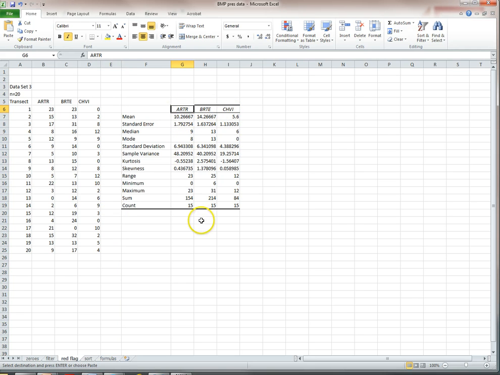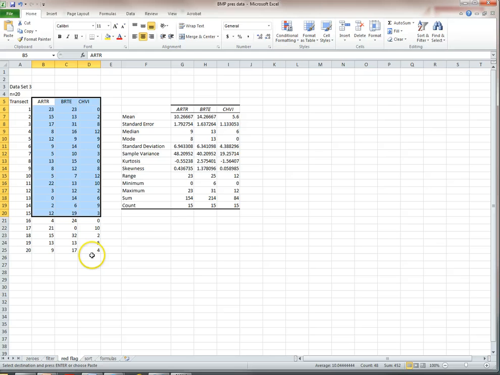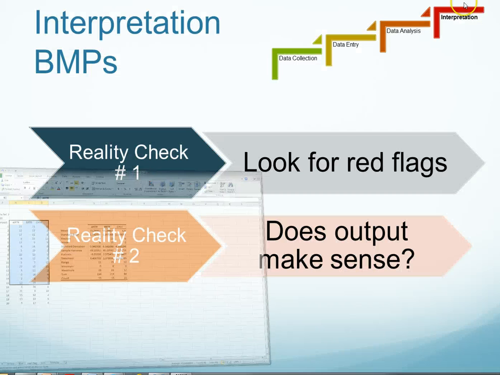But before I get too far, I want to make sure I'm expecting that my sample number should be 20. And when I look at the count, I can see that it's not. It's only 15. So when I did this analysis, I must have only pulled in maybe the first 15 rows of data instead of all 20. This kind of simple reality check is very important to make sure that you don't interpret results that are flawed.